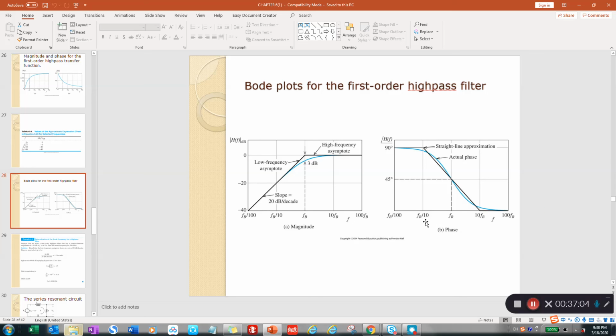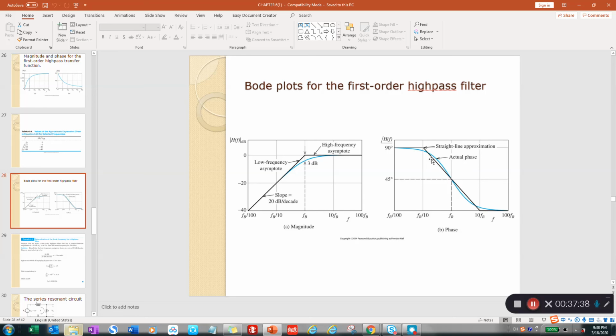For the phase plot, it's like the low-pass filter. You can just think of a shift upward by 90 degrees. Because for the high-pass filter, the phase angle equals 90 minus arctangent of F over FB, so if F equals FB, then you are going to get 45 degrees.